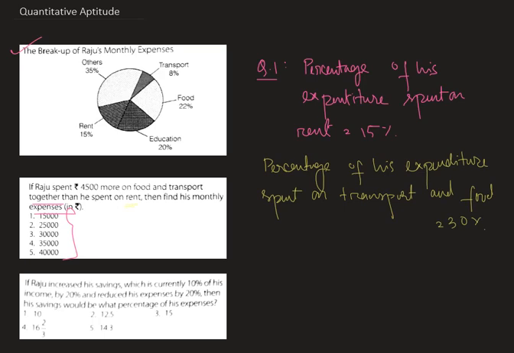Okay, therefore we can say that the difference between the percentage of his expenditure spent on transport and food and percentage of his expenditure spent on rent is equals to 4,500. Therefore 30% minus 15%, which results in 15%, is equals to 4,500 rupees.